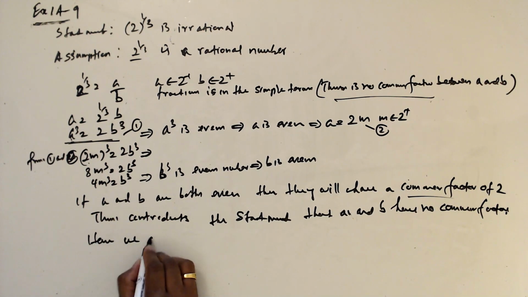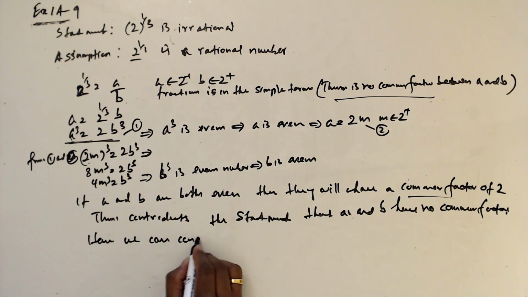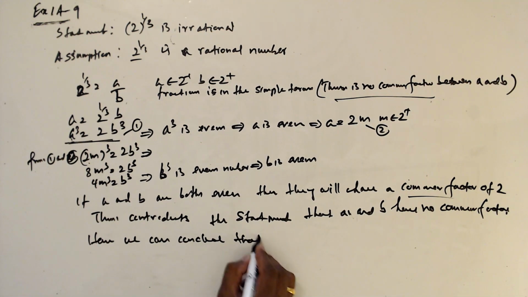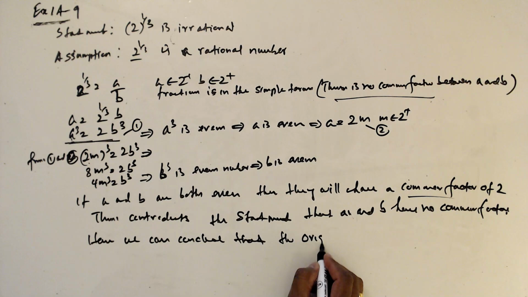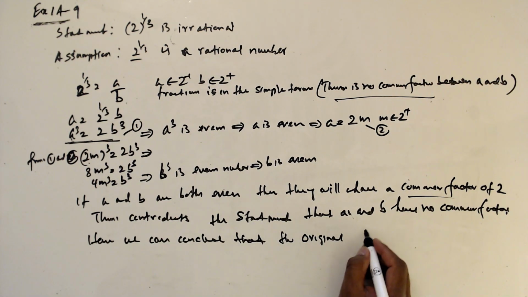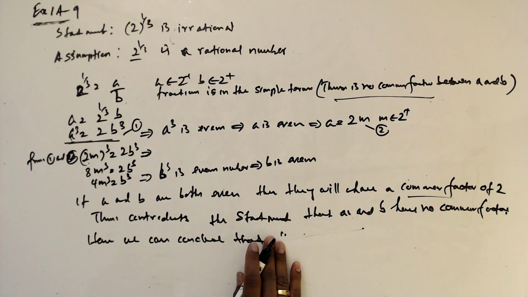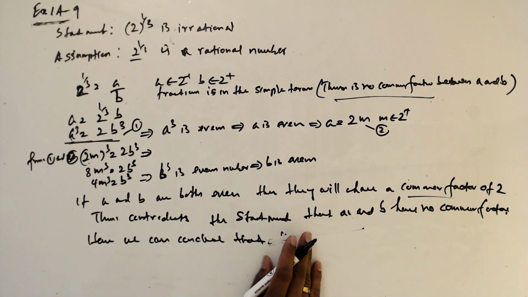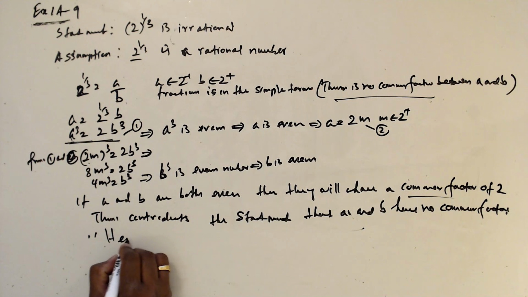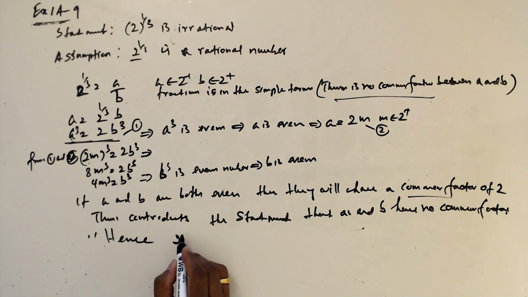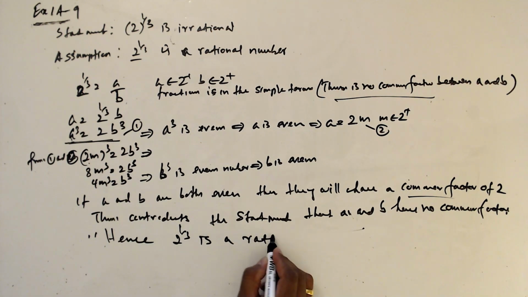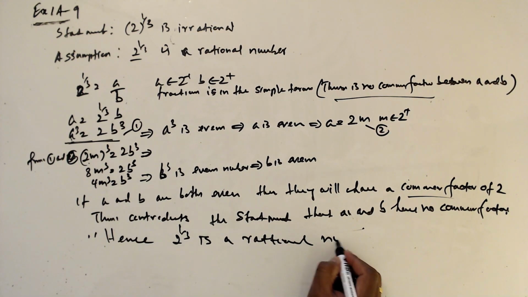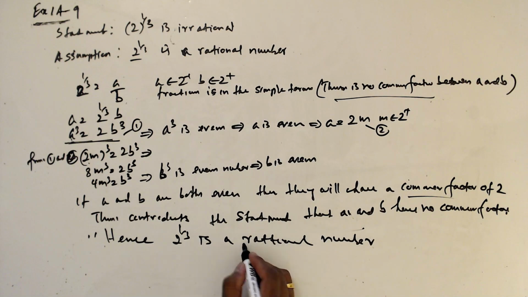Hence, we can conclude that the original assumption is wrong, hence cube root of 2 is an irrational number.